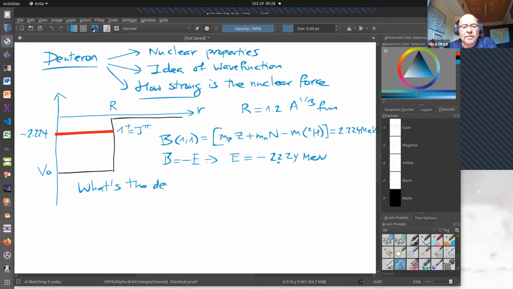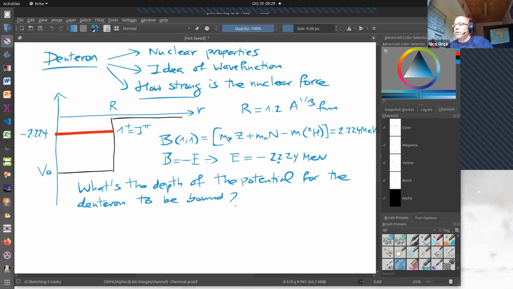What's the depth of the potential for the deuteron to be bound? This is what we want to investigate. So this is minus V naught, because this is V of R here. So far, so good, right?